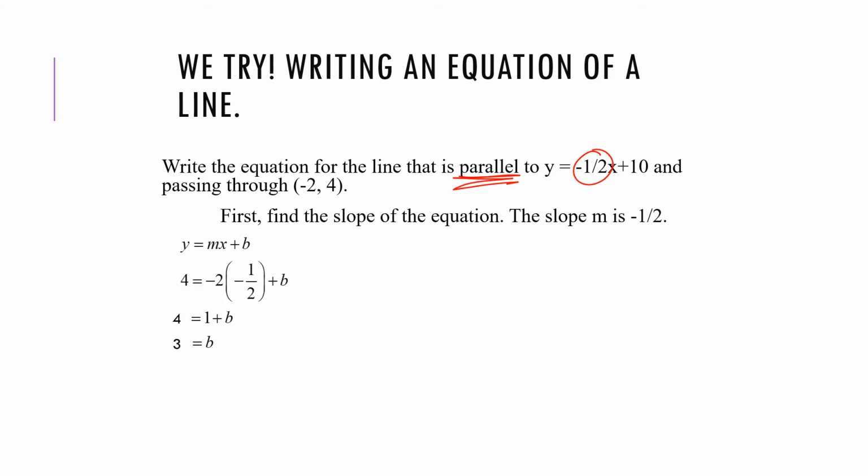So I'm going to plug in my negative 1/2, I'm going to plug in my negative 2, I'm going to plug in my 4. And I end up getting 3 for my y-intercept. Once I get that, then I can plug it back in and get y equals negative 1/2 x plus 3. So we have our slope and we have our y-intercept.